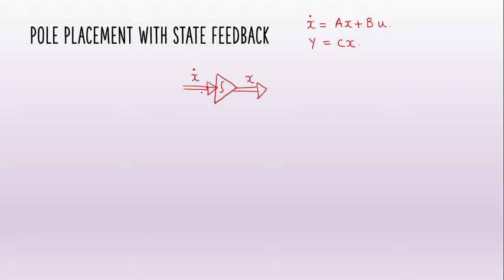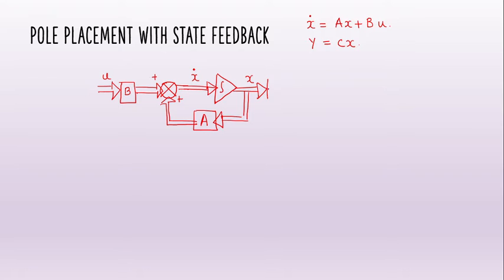Now this x dot is given by Ax plus Bu. So if I take this x and put it through a matrix A, and here if I put a B matrix, if this is u, it will be Bu, so Ax plus Bu, right?